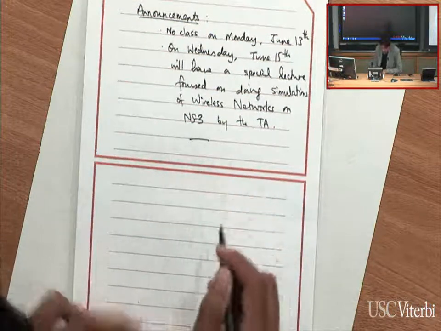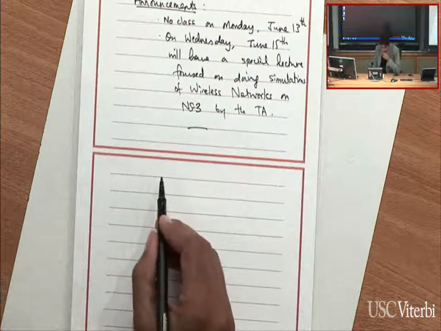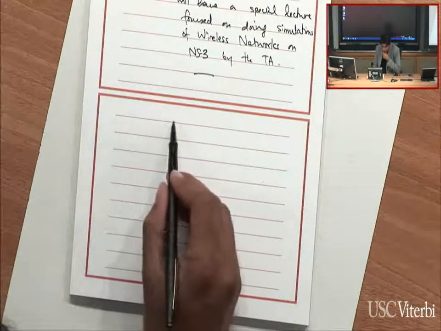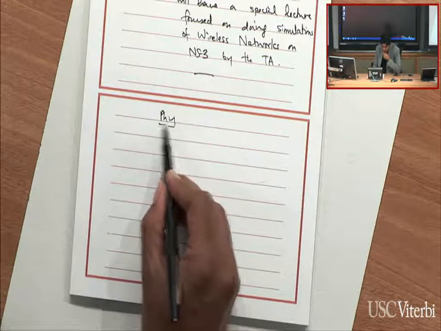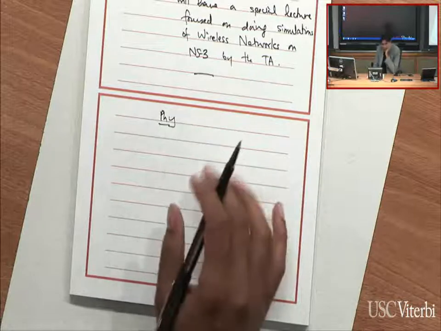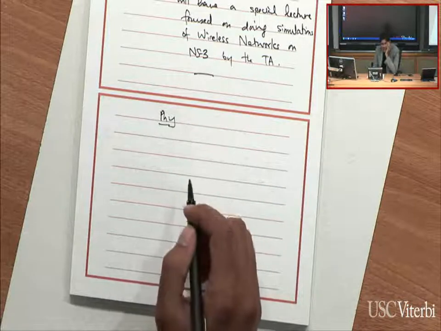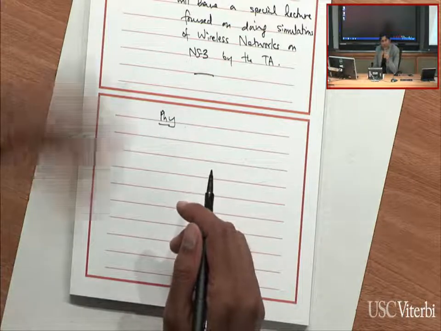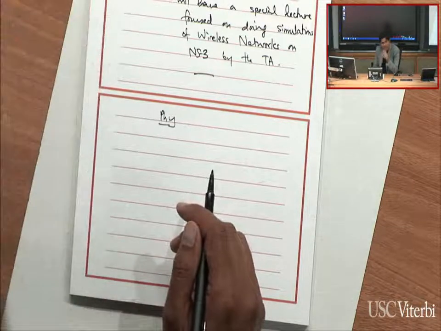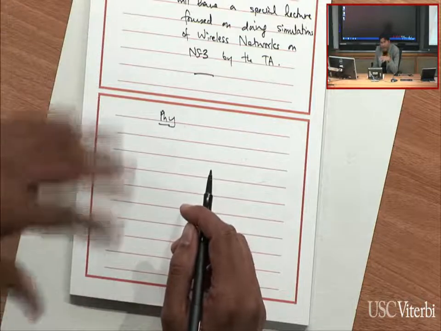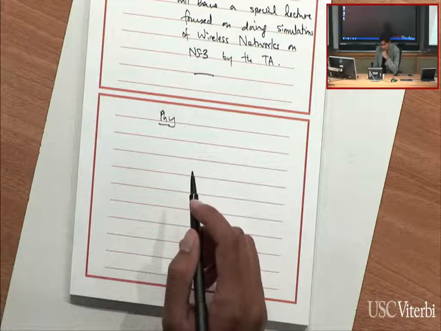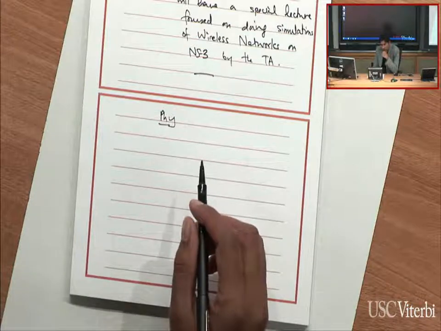So getting back to what we've been talking about so far, we've really just focused on the PHY layer, many aspects of the PHY layer, everything from how to communicate to how to model channels to how to improve the communications by exploiting diversity, spread spectrum, coding, and so on.